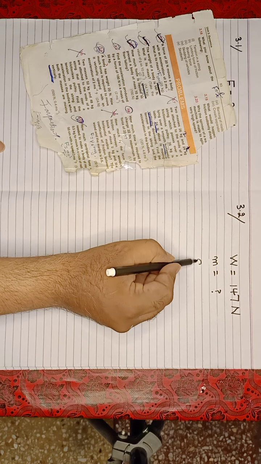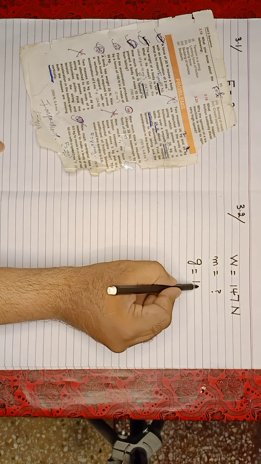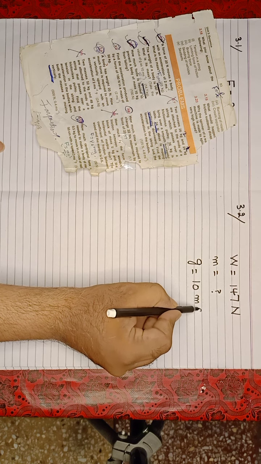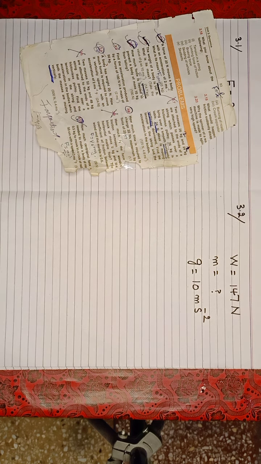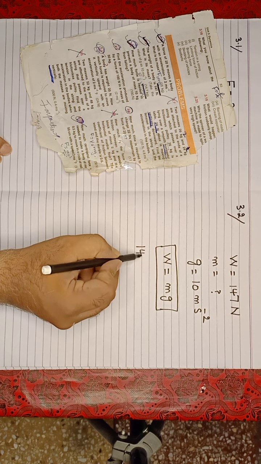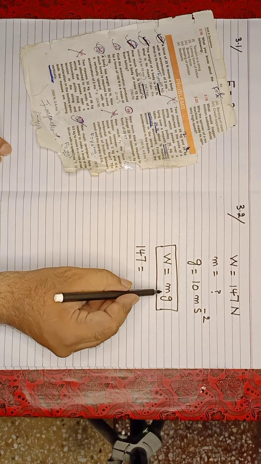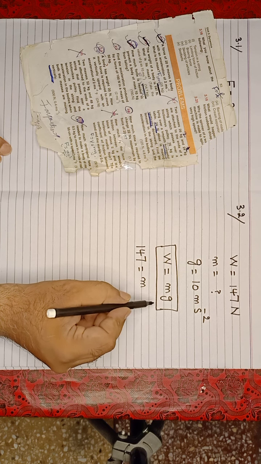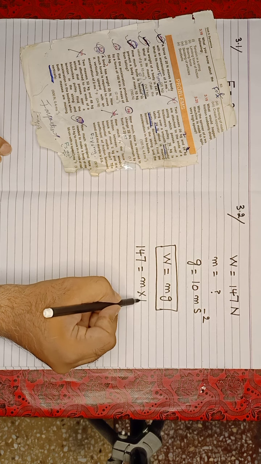So we can write G is equal to 10 meter per second square. Now we use formula, W is equal to mg. By putting values, in place of W we can write 147, M question mark, and in place of G we can write 10.